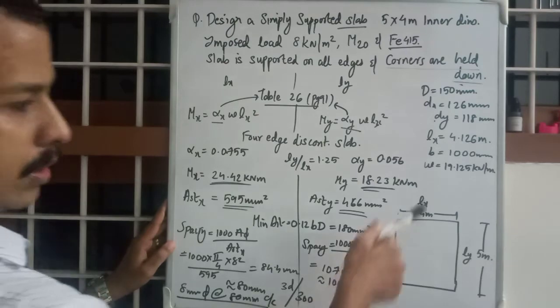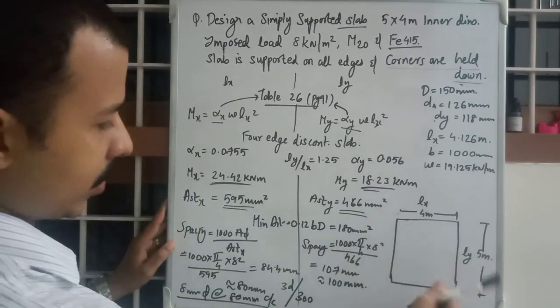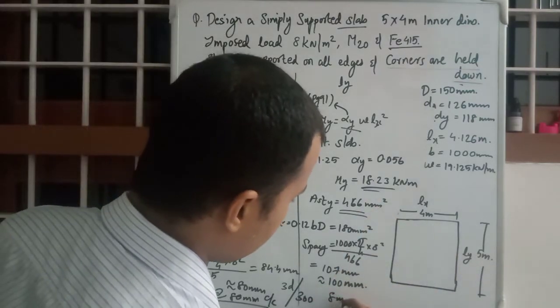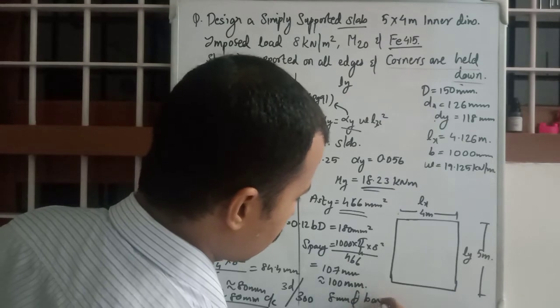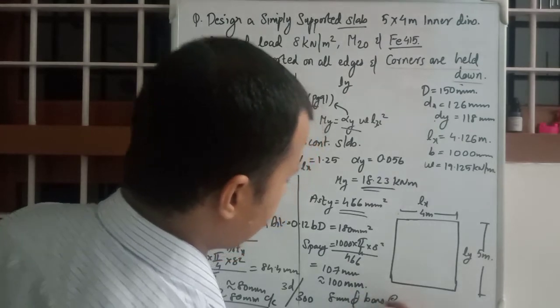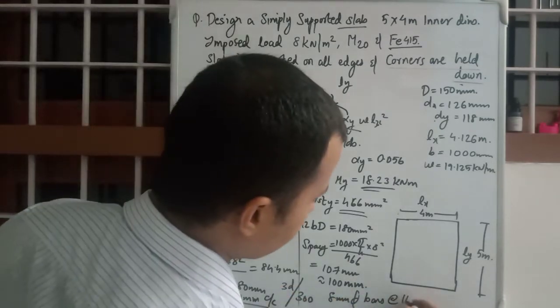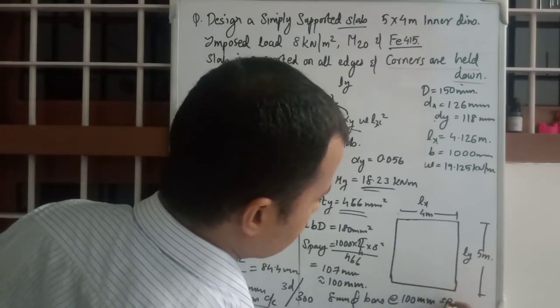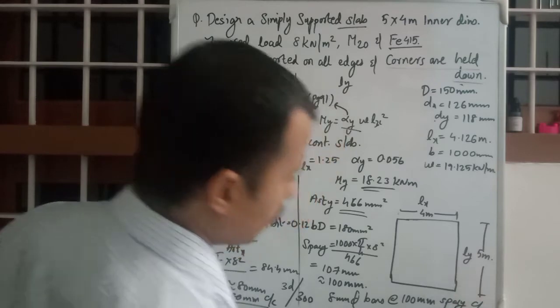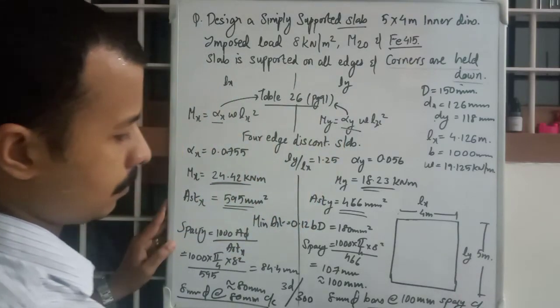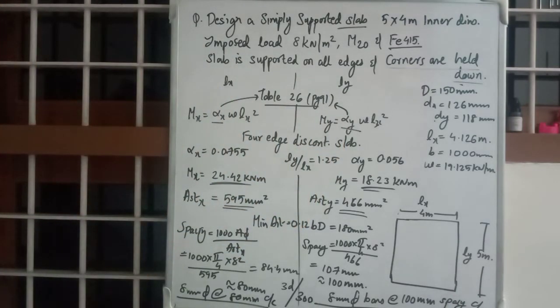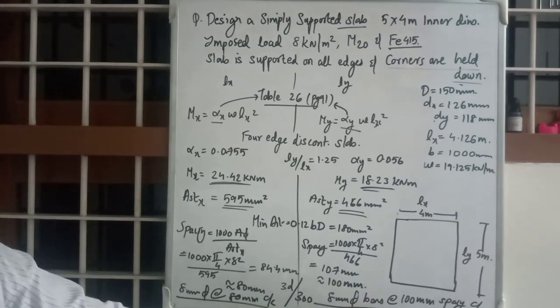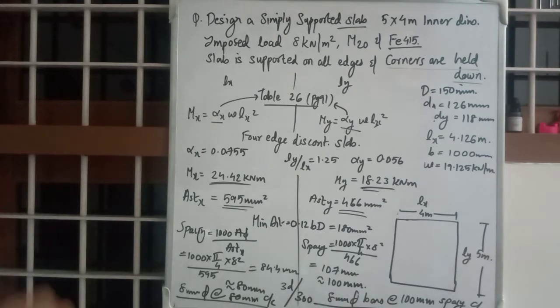Okay, so in this direction, Ly direction, it is 8 mm dia bars with 100 mm spacing center to center. Okay, so we have the main diameters, main AST values. Okay, moving on.